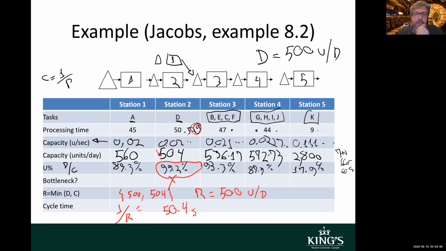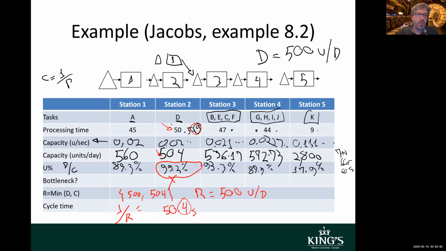My flow rate is exactly those 500 units per day, and the cycle time that we ideally would have would be those 50.4 seconds. Now, remember, this will be the theoretical cycle time. What is my actual cycle time? It will be this guy over here, right?